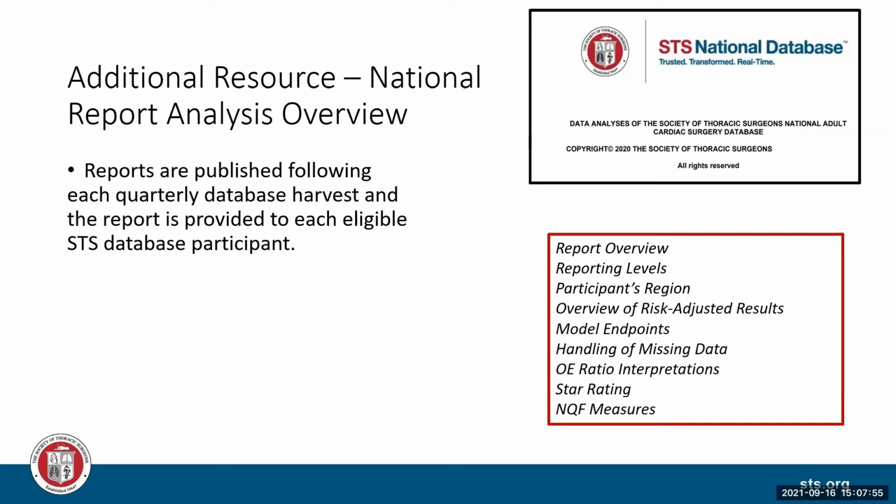It's got an overview, what the reporting levels are, what your region is, an overview of risk-adjusted results, model endpoints, how missing data is handled, OE ratio, star ratings, and NQF measures. So it's a really good report.